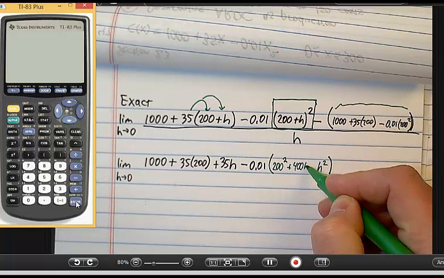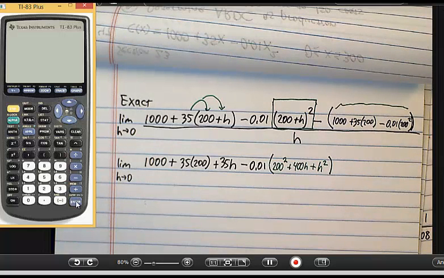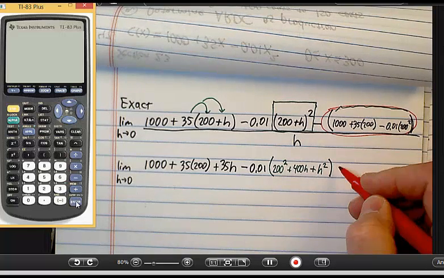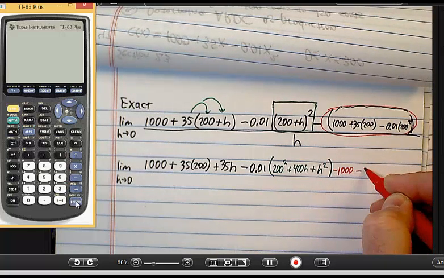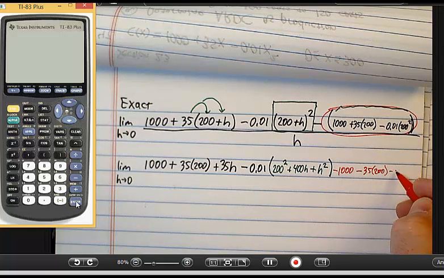If you don't believe me, I'll multiply that over on the side for you. And the stuff at the end, I think all this is going to go away, because it's minus 1,000, minus 35 times 200, and minus 0.01 times 200 squared.